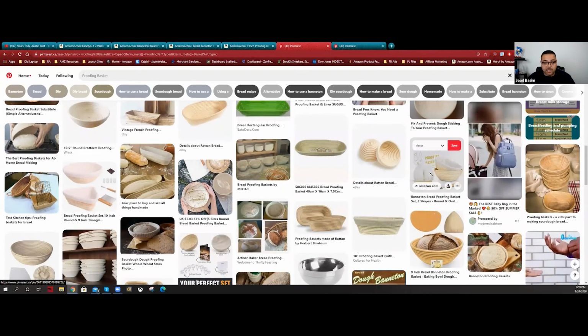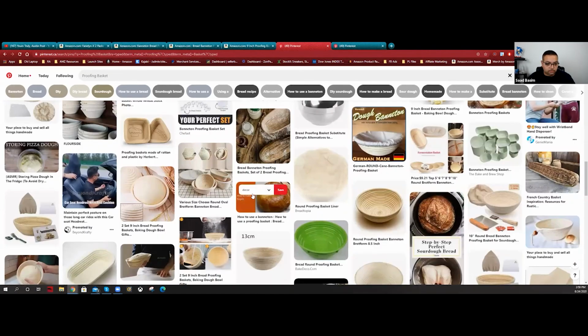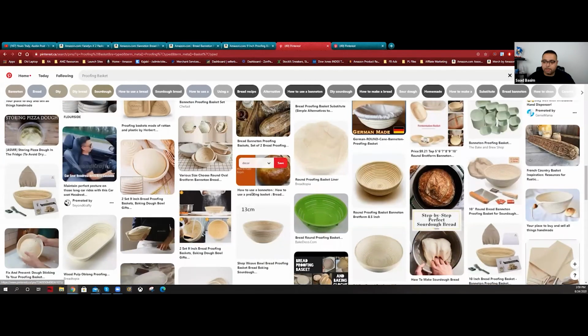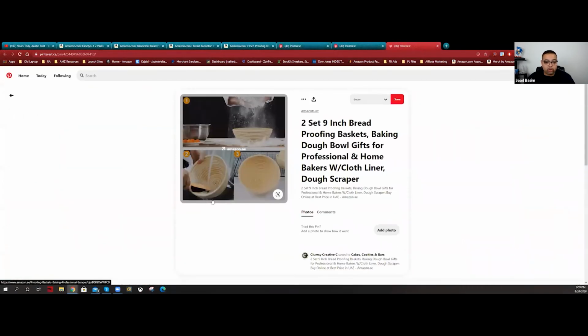Our guy is here on Amazon. He's doing a good job. Here is the problem with proofing baskets: there's not much you can differentiate, but maybe here we have this tool. Actually, this is interesting, the cleaning tool. I don't see anybody doing a cleaning tool.